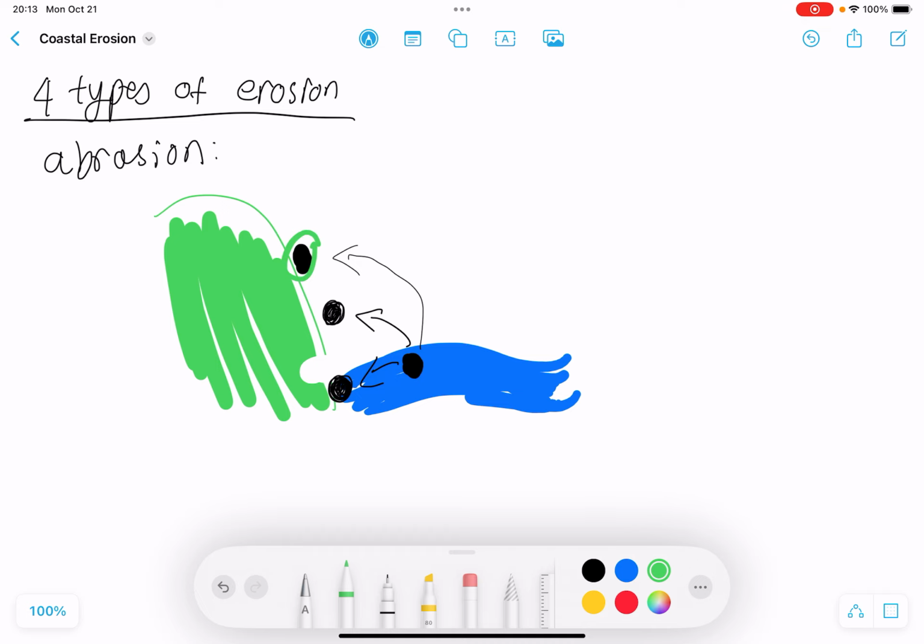So the smaller rock, this original part of the cliff, bangs onto the cliff face, and some parts of the cliff go back into the sea. Then there's more rock, so this process repeats, and eventually the cliff erodes away and it's gone. So that's abrasion, when rocks are thrown into the coastline, or mainly a cliff.